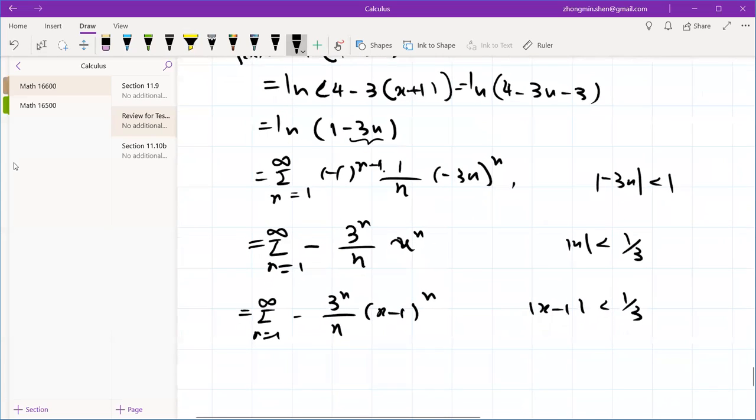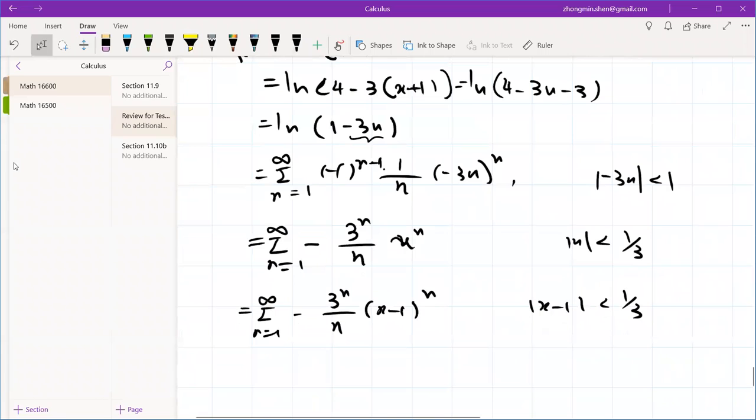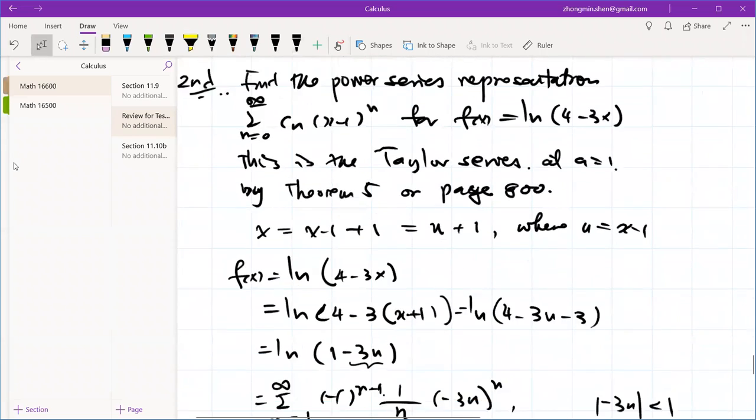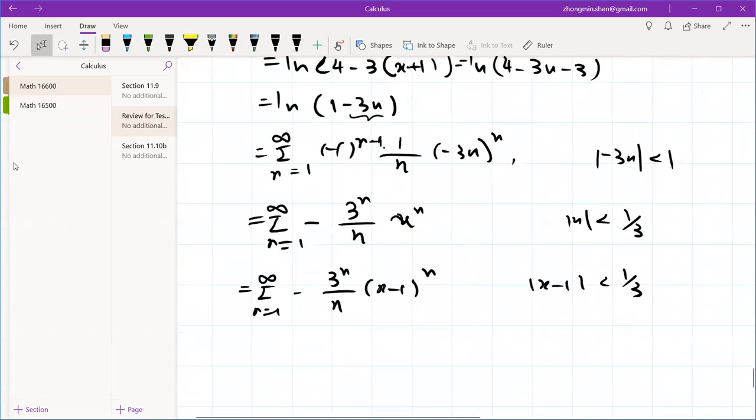All right, so we find the power series representation for the function. Not only that, we determined the radius of convergence for this power series, which is 1/3. And then this should be the Taylor series, and this matches the same one we got. Then you can say that it is the Taylor series.